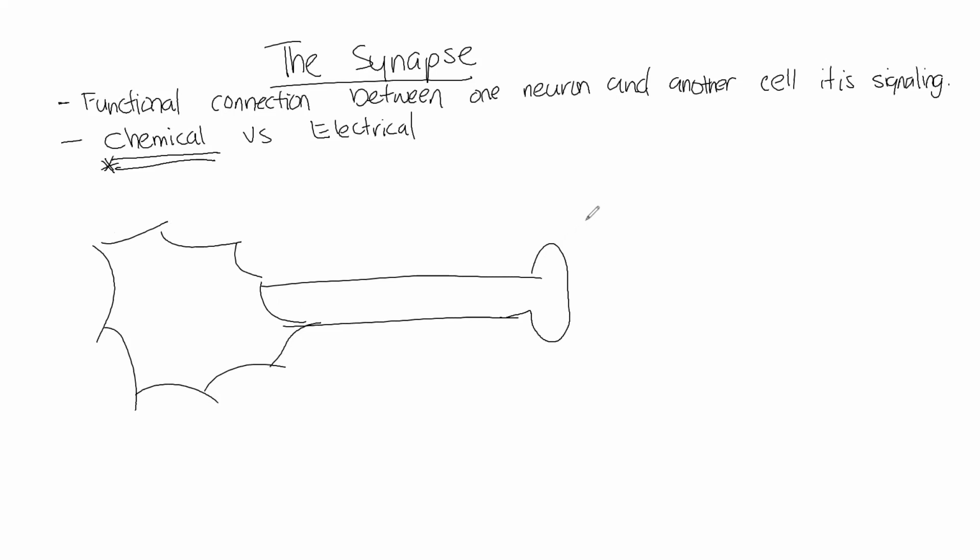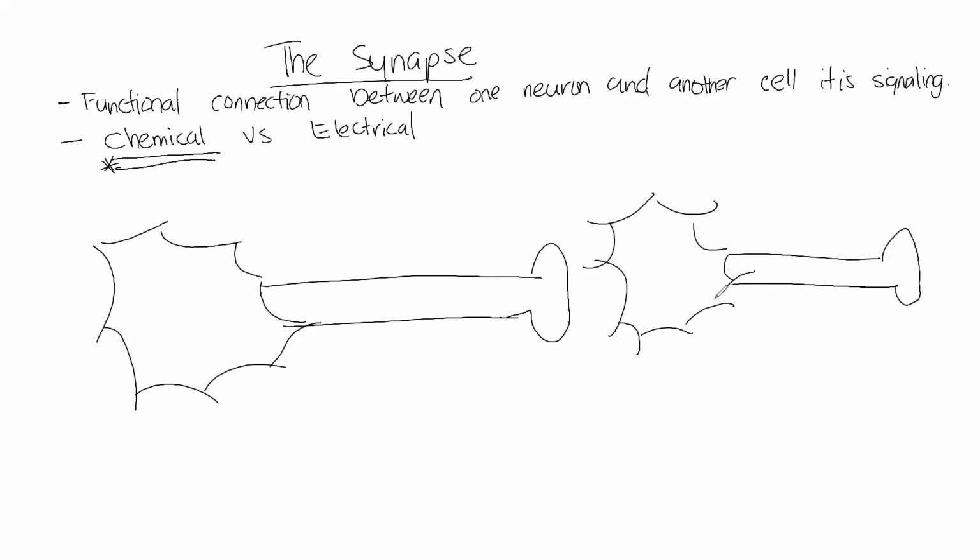And then we've got an adjacent neuron. Okay. Just to remind ourselves of the parts of a neuron here, we've got the soma, right? These are the dendrites. We've got the axon, and then the axon terminal.